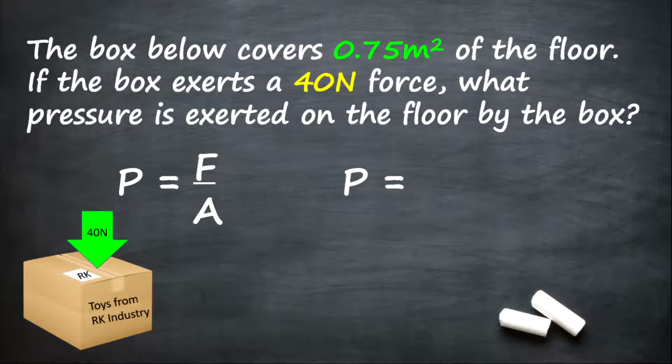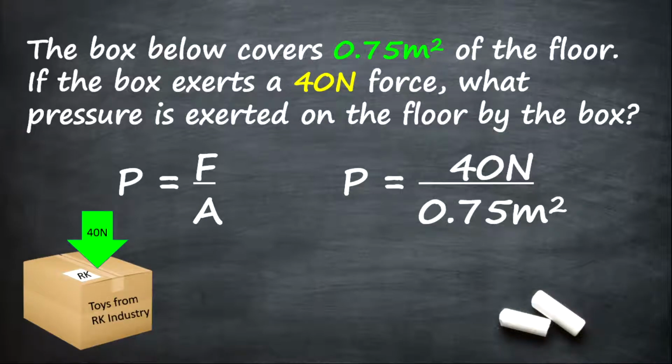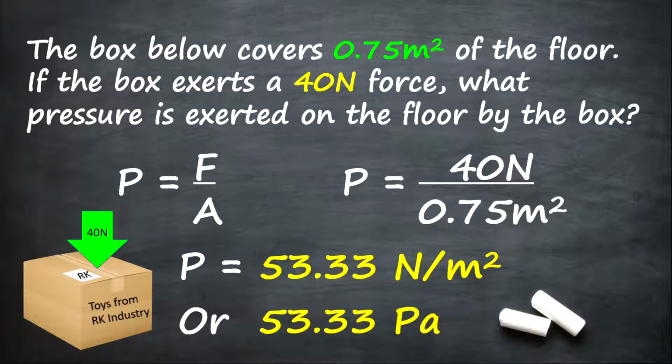Therefore pressure equals 40 Newton divided by 0.75 meters squared. And this now gives us 53.33 Newton per meter squared, or of course remember that we can also have this in Pascal, so therefore we can have 53.33 Pascal.